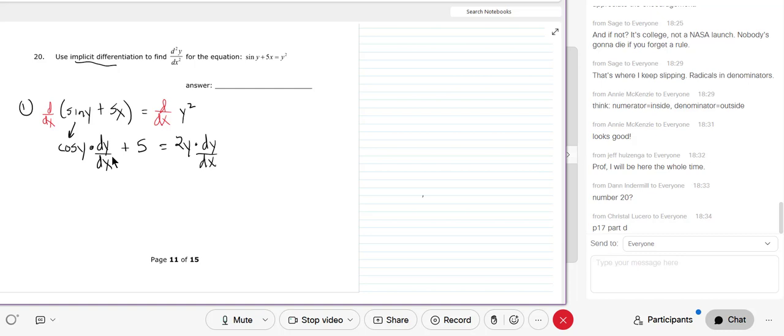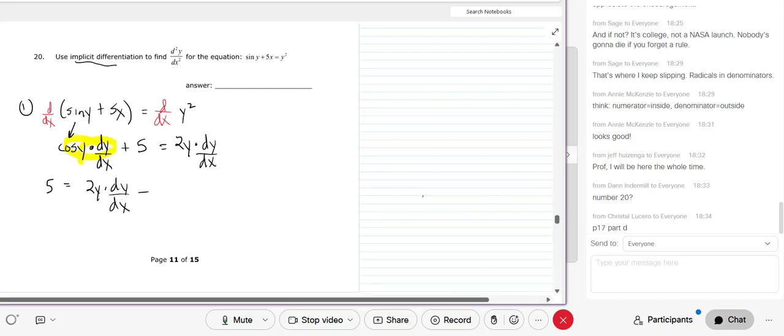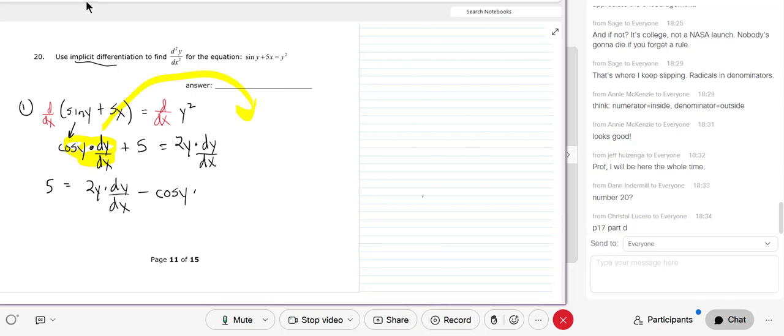Now you've got to solve this equation for dy over dx. It doesn't really matter which side you put stuff on. This is just my choice. I'm going to leave the 2y dy over dx on the right side, and move this other piece to the other side. That gives minus cosine y times dy over dx.